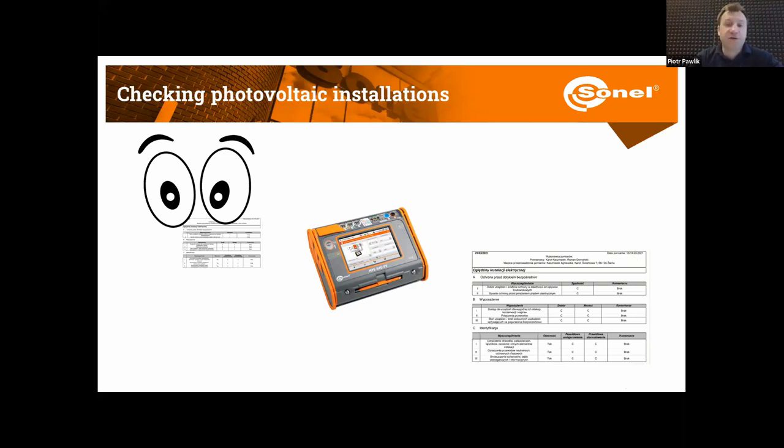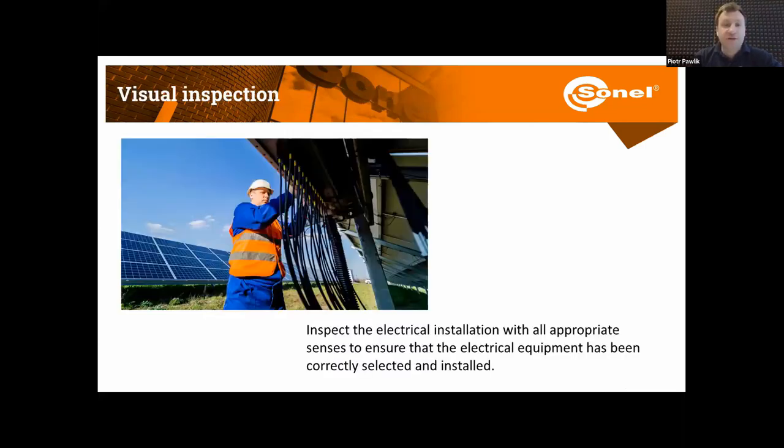In the report, we have the results and conclusions from the visual inspection and from the testing. Okay, so let's start with the visual inspection. Here we need to check the installation to ensure that all electrical equipment has been correctly selected and correctly installed.